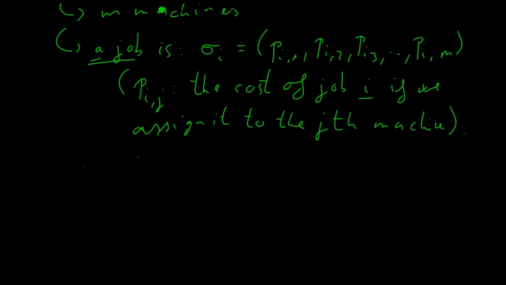And still the load of the machine j is just the sum of the cost of those jobs for which we have an assignment of the ith job to the jth machine.